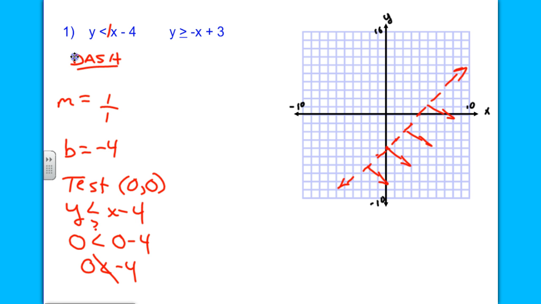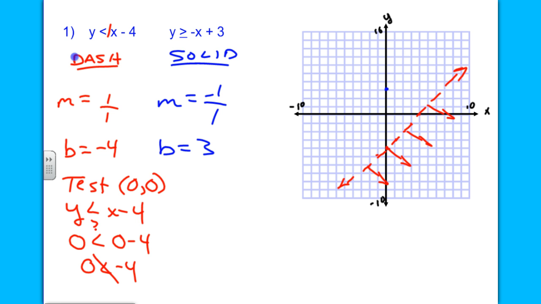Okay, so the second equation, is this going to have a solid or dashed line? This one we probably wouldn't ever make a mistake with. It's solid. And the slope is? Good, -1 over 1. And the y-intercept is 3. Good. So we go plot 3.